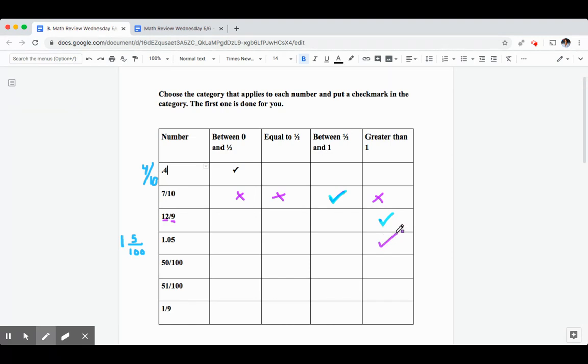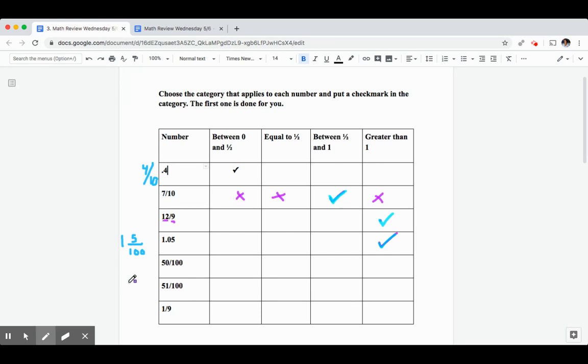So we don't have to do any math to understand that this number is greater than 1. This is relying a lot on what we already understand about numbers to help us. Next, we have 50/100. Great. So let's start with determining half of our denominator. Our denominator is 100. What is half of 100?